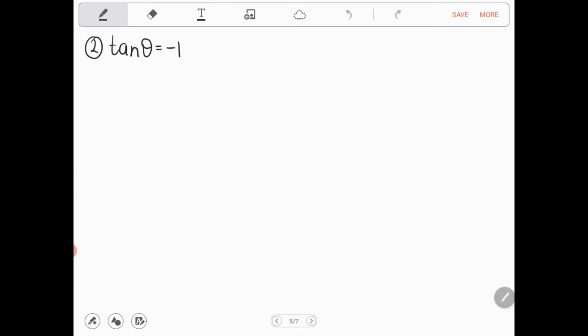Okay, let's try another one. Tan theta is equal to -1. Okay, so the same steps again. We isolate our trig function. And again, it's already done. Tan theta is by itself. Okay.